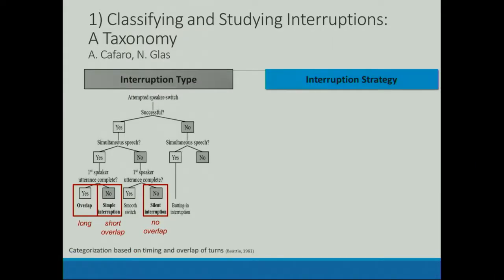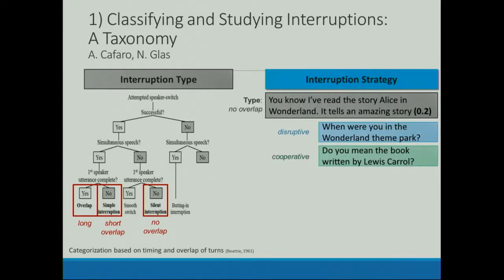For the types of interruptions, we looked at a categorization based on the timing and overlaps of turns, and we found that you can have long overlaps, short overlaps, or no overlaps. You can also have different strategies, which can be disruptive or cooperative.